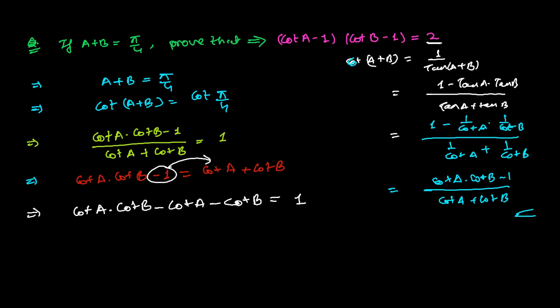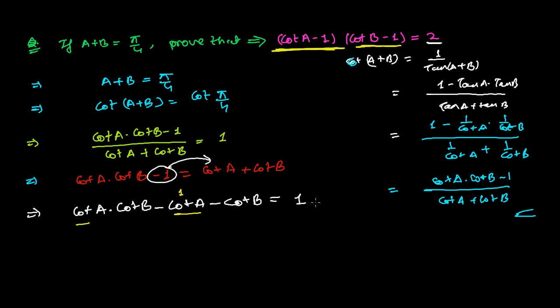And now the things come here as we had done in the previous video. We need cot a minus 1 and cot b minus 1. See here, if I take cot a common, then I'll get cot b minus 1, because here will be nothing, so there will be 1 left, so cot b minus 1. But here I'm not going to get cot a minus 1 again. I need to get the cot a minus 1 also, so if I get 1 from here, then I can easily write cot a minus 1.